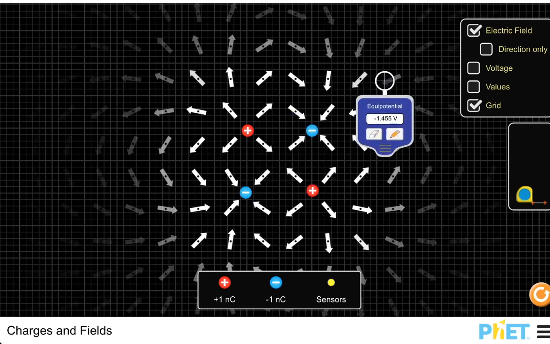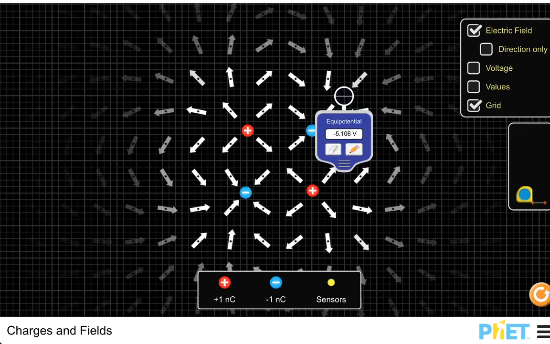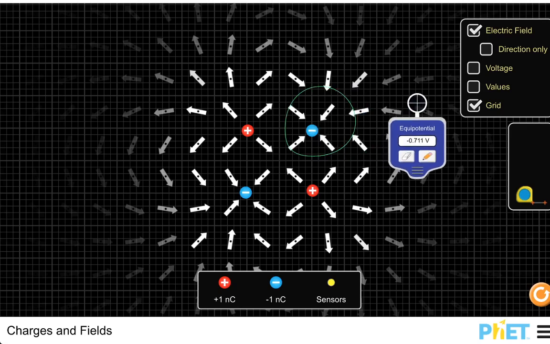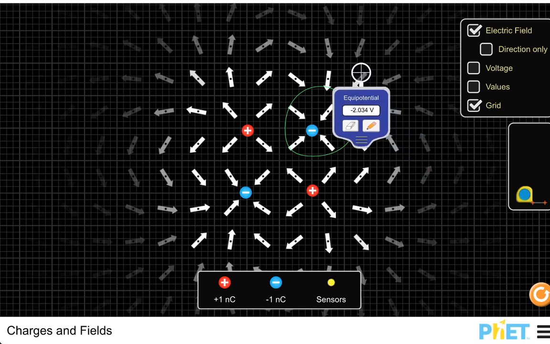But the other thing this lets you do is, suppose I pick the potential here, get it to be about negative 5 volts. If I click on this little pencil, it draws an equipotential surface corresponding to that negative 5 volt potential. Let's try negative 2, since I'm already there.